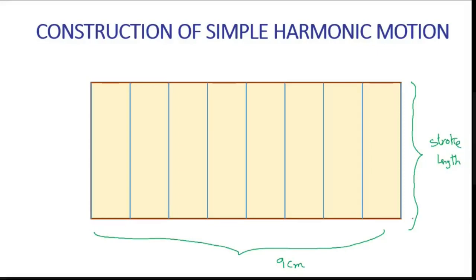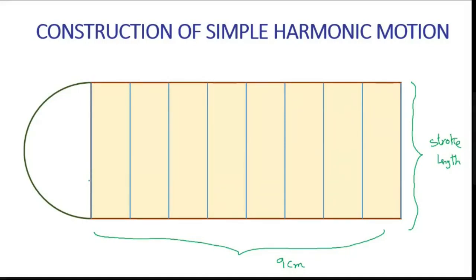So make a rectangular box with the height as stroke length and whatever the angle accordingly. Then you draw a semicircle. Once I draw this box, identify the center point and draw a semicircle like this.